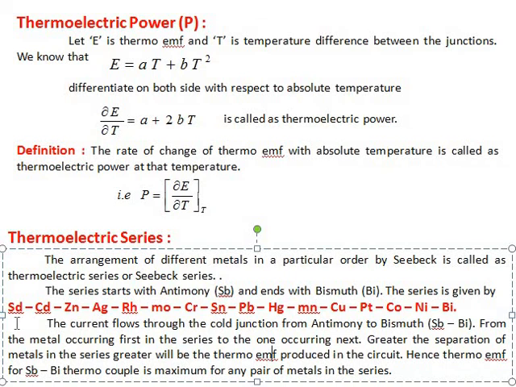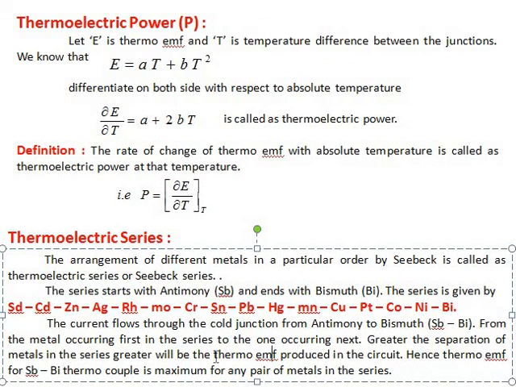Now, the difference in the series, for example, Sb antimony and bismuth: the difference between these two metals is the largest in this series. Therefore the thermo EMF produced for this pair is the most, for antimony and bismuth.